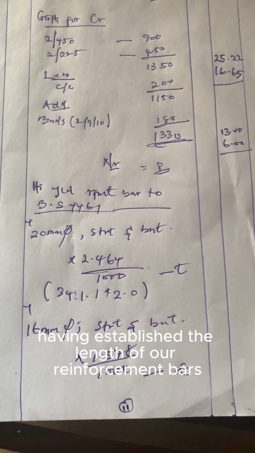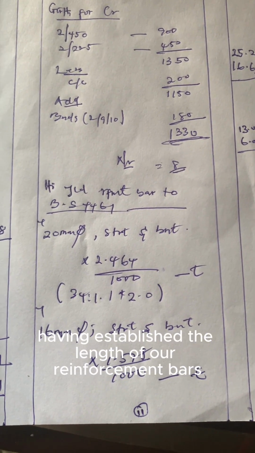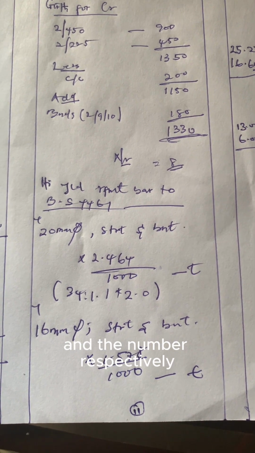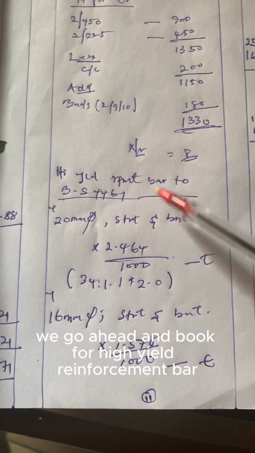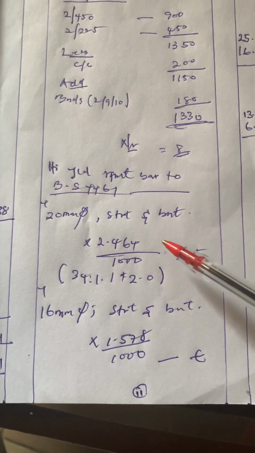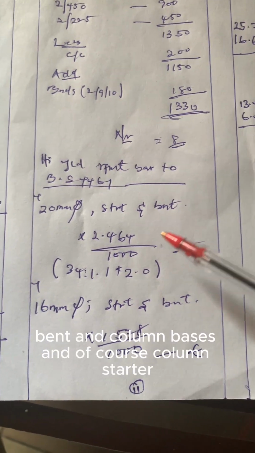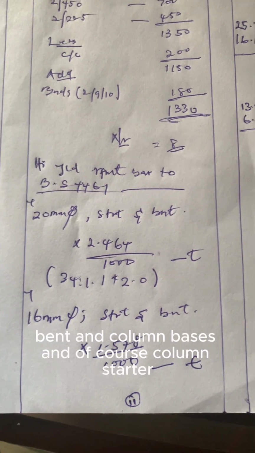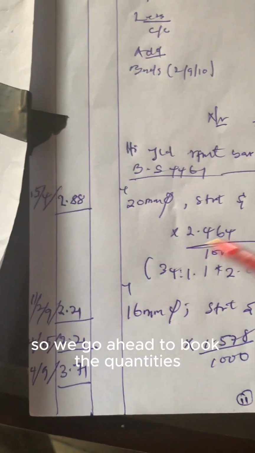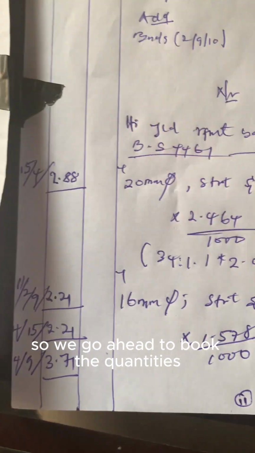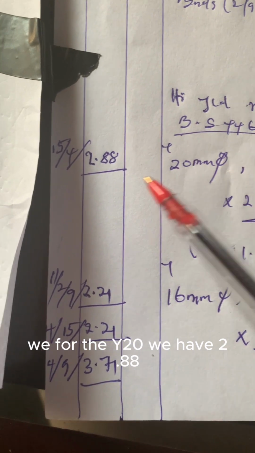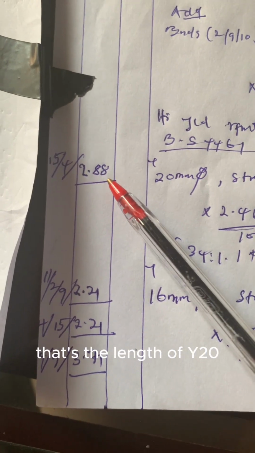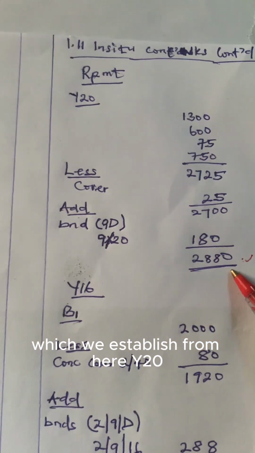So having established the length of our reinforcement bars and the number respectively, we go ahead and book the high yield reinforcement bar, both straight and bent, in column bases and of course column starter. So we go ahead to book the quantities. For the Y20 we have 2.88. That's the length of Y20, which we established from here.